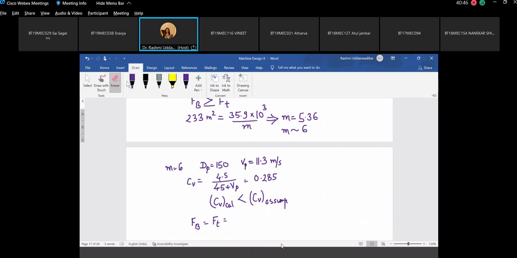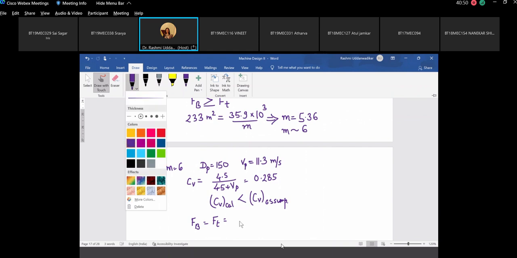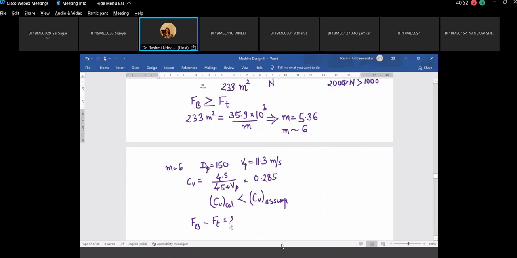You know the value of M. 233 M square, where M is 6. This is equal to S naught, which remains the same, Y remains the same, M is the same. The value of CV has changed.